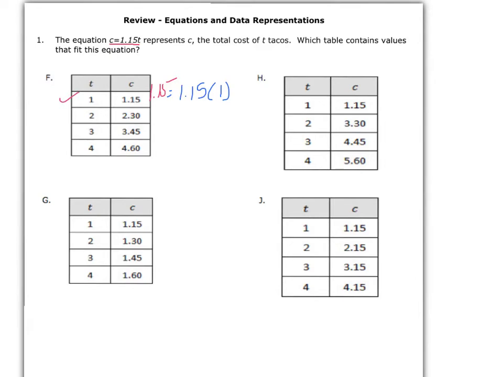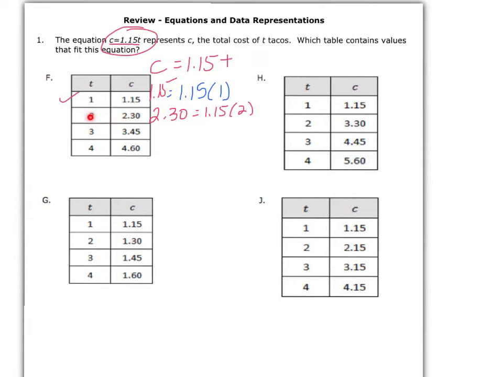I'll do the same thing: 2.30 equals 1.15 times 2. Again, I'm using the equation C equals 1.15T, but instead of putting these letters, I'm replacing them with the actual values in this chart.